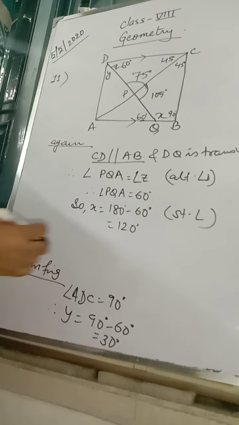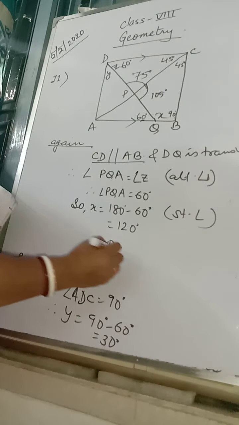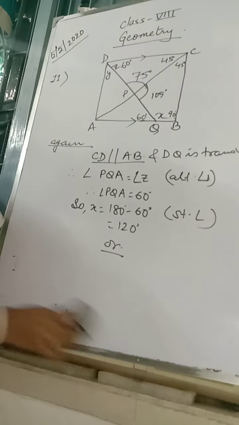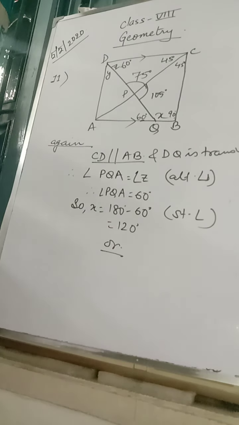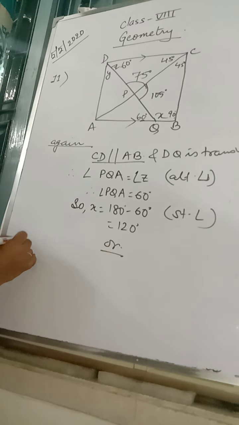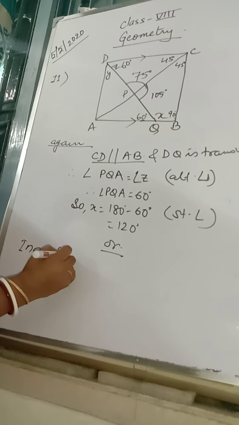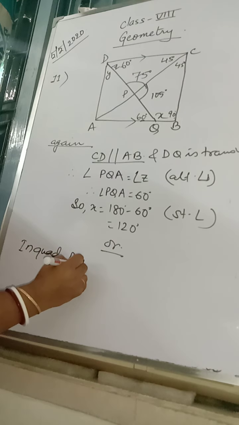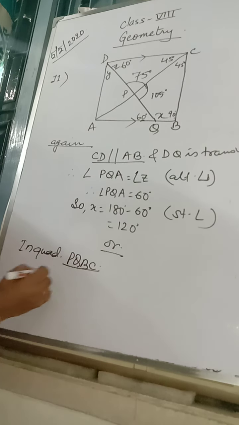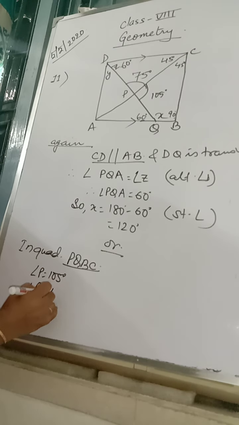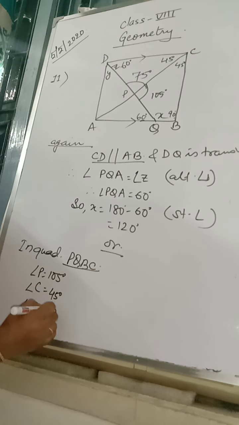Or another option to get X: in a quadrilateral, you can get X this way also. In quadrilateral PQBC, angle P is 105 degrees, angle C is 45 degrees, angle B is 90 degrees.